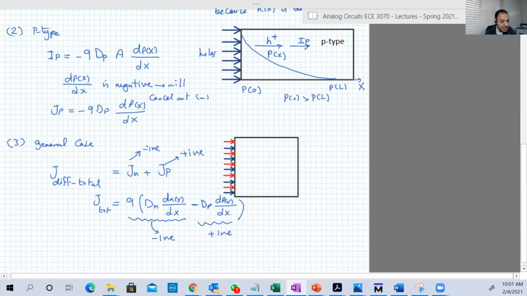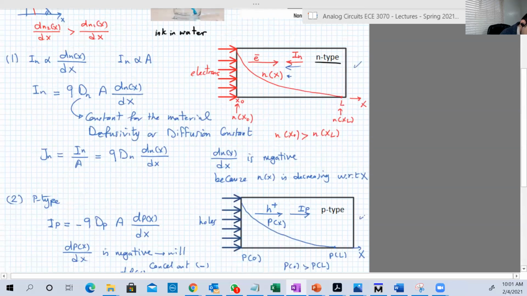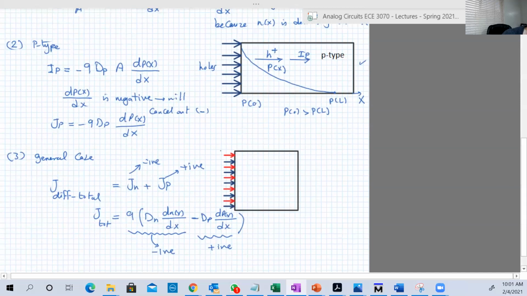And why is this? The answer lies, if we look carefully into these two samples. Look, In is going in the opposite direction of x, and Ib is going in the direction of x. So they are opposite. So basically, if we have the general case, I mean you have electrons and holes injected at the same time, you have, for example, a hole concentration like this.